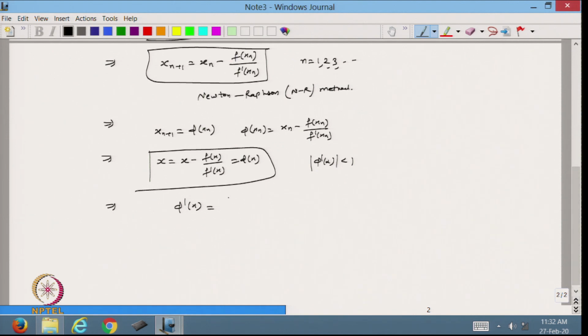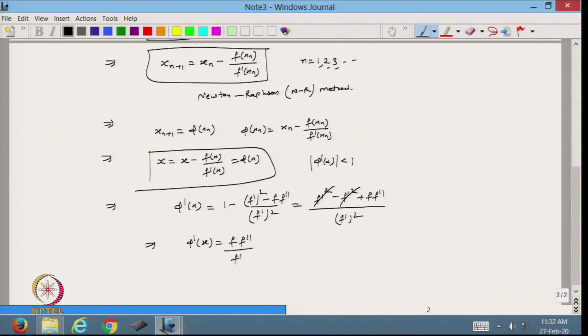If I put in the value, it will be 1 minus f dash square minus f f double dash, over f dash square, which gives f dash square minus f dash square plus f f double dash divided by f dash square. This will cancel out. From here I can say that phi dash x is equal to f f double dash by f dash square.